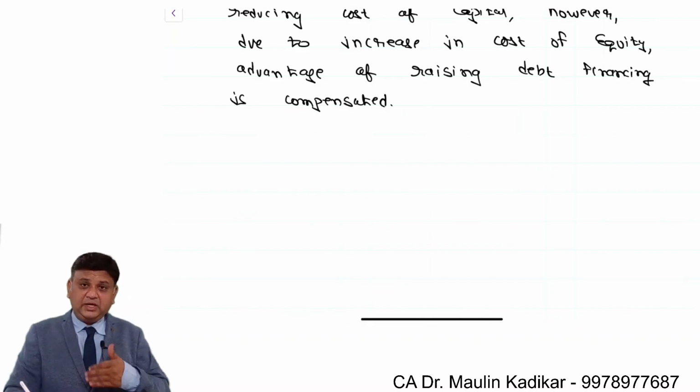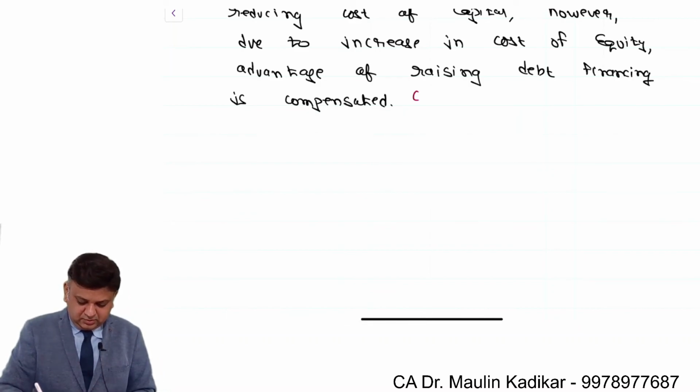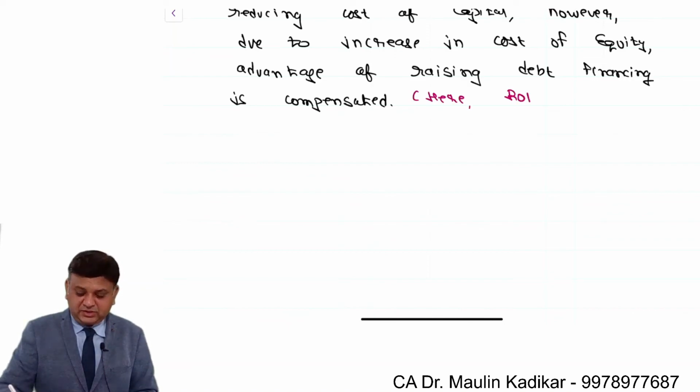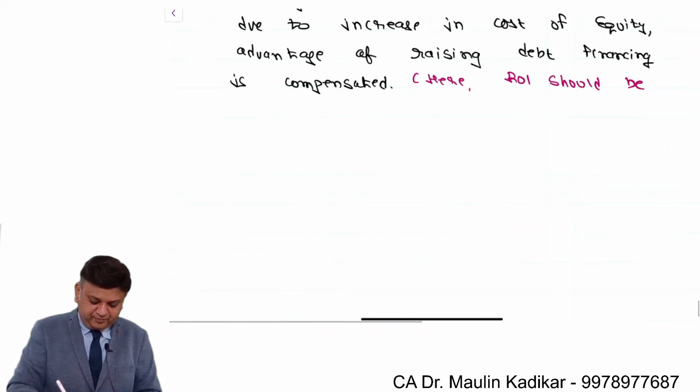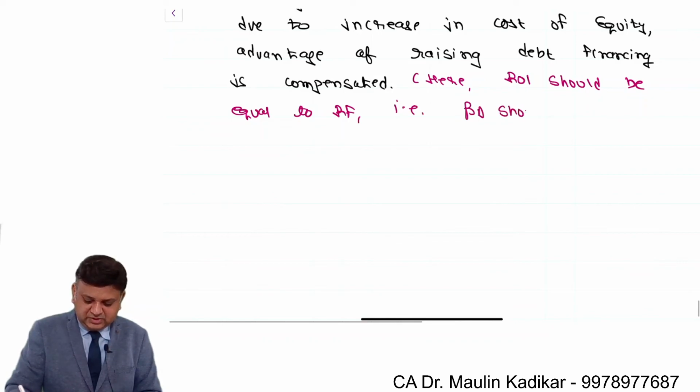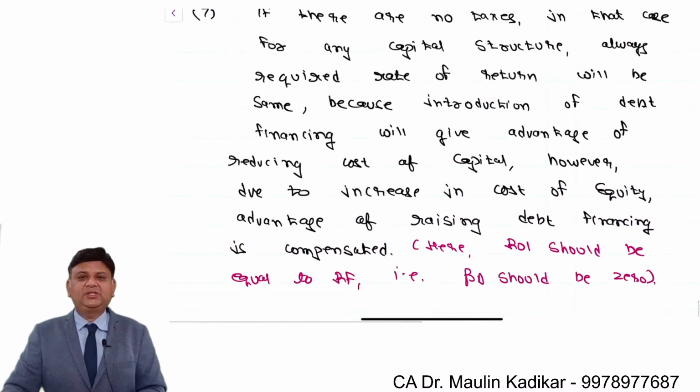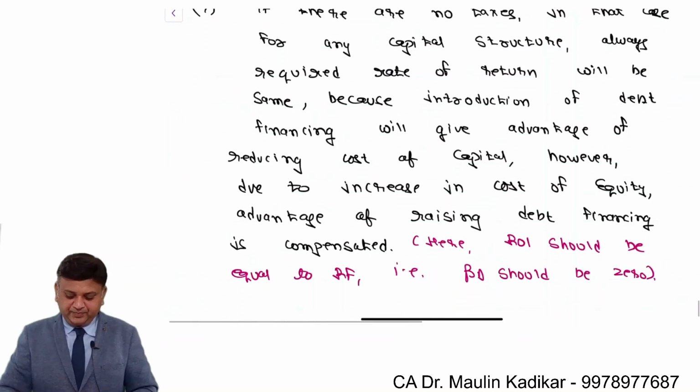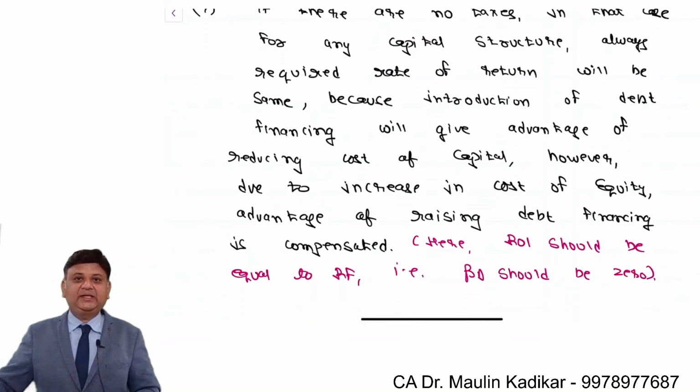Full stop. In bracket write down, here ROI, rate of interest, should be equal to RF, comma, that is beta of debt should be 0. This is for the small condition which usually gets fulfilled. In that case, we will find an answer like this.